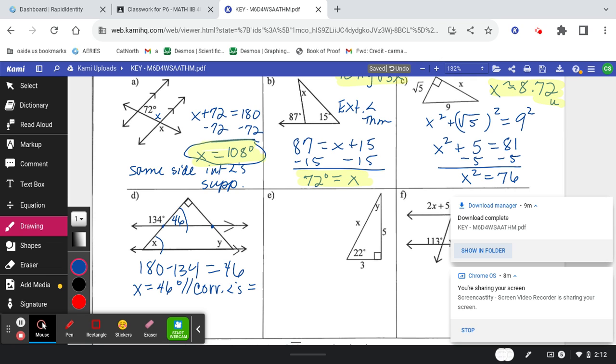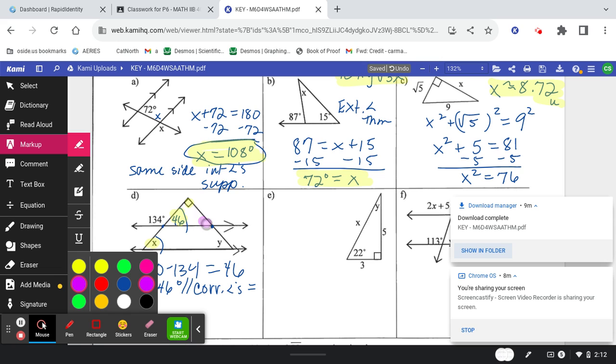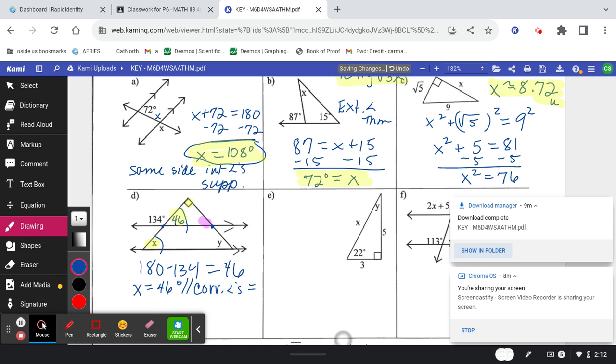Now, if that's a 46 right here, and this is a 90, couldn't I do triangle sum theorem to get this guy right here? So I could do 46 plus 90 plus, I don't know what I want to call this down here, I guess I'll just call it J, is equal to 180.